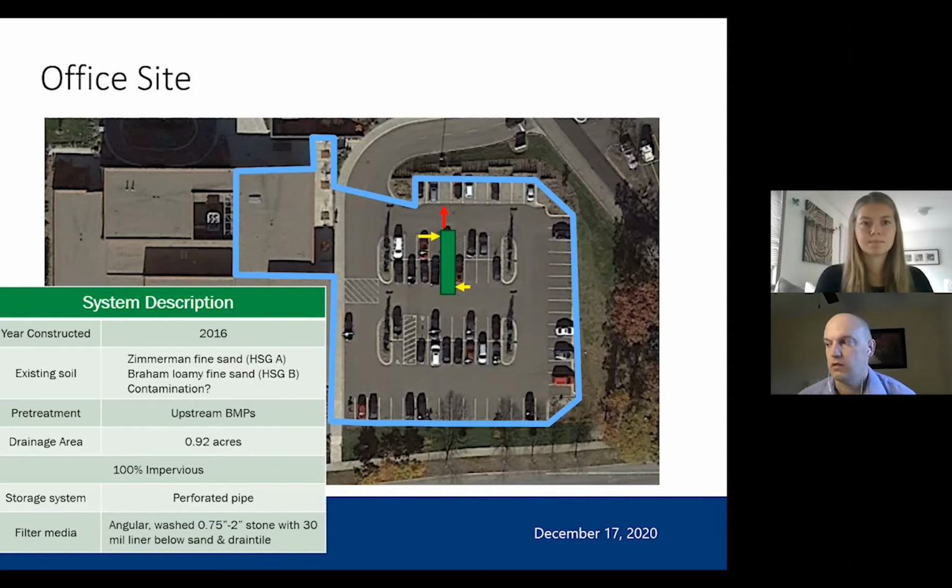So the designer, the requirement, whatever it was, it appeared to me that there was still some intent to provide some water quality treatment within this system. The bottom row here on our system description, you'll see that the media here is different. It's an angular wash stone, and there's an impermeable liner below the sand and the drain tile.